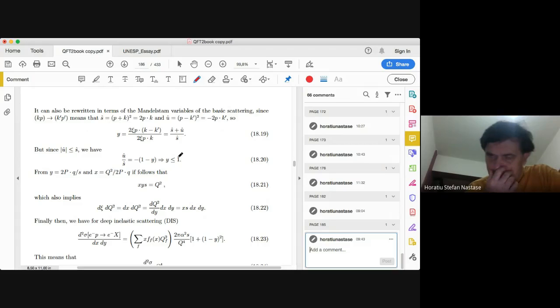Now we can calculate this y with respect to the Mandelstam variables of the basic scattering of electron with parton.